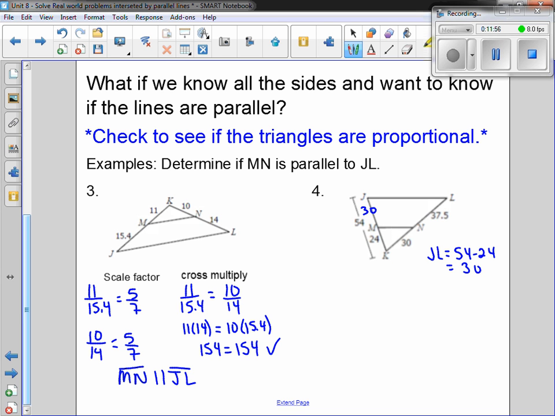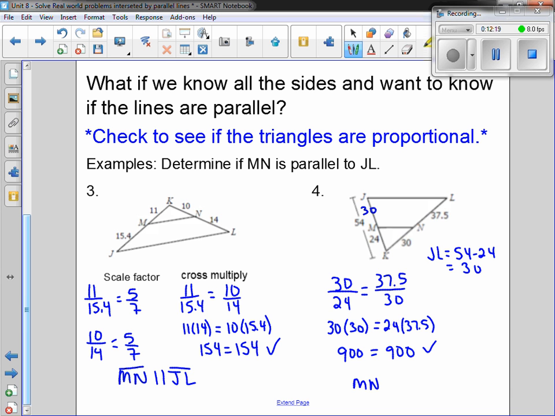Now I can set up my proportion of 30 proportional to 24 and 37.5 proportional to 30. And when I cross multiply, 30 times 30 is 900. And I'm hoping that 24 times 37.5 is also 900, and it in fact is. So therefore, we can say that MN is parallel to JL.